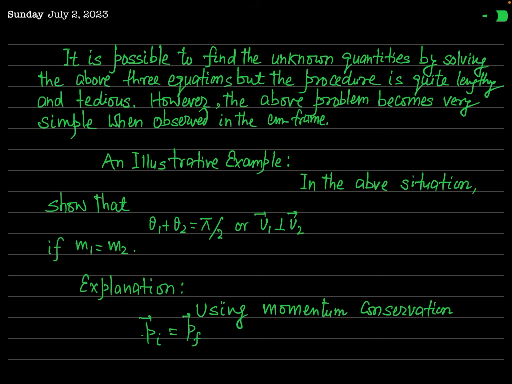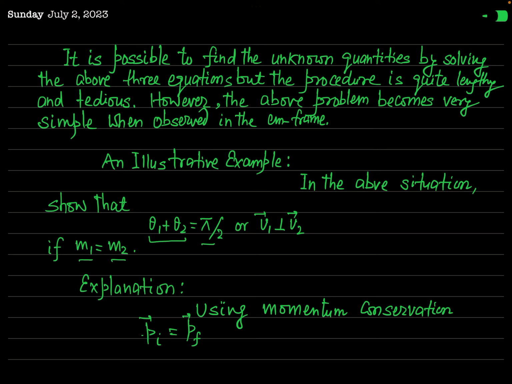Let us consider that in the above example, if you are given that the masses of the two particles are equal, m1 equal to m2, then you can show that the sum of these two angles, theta 1 plus theta 2, will be equal to pi by 2.